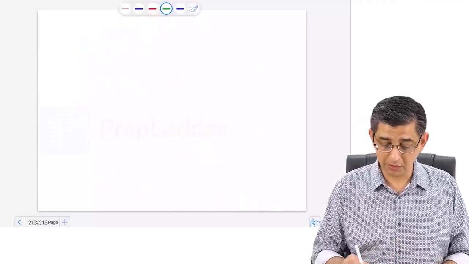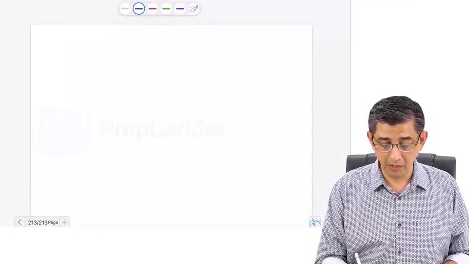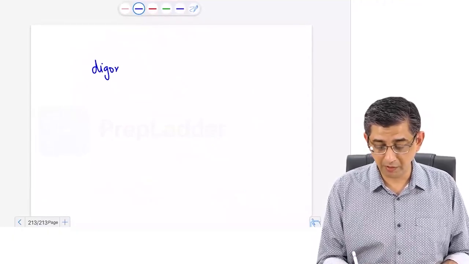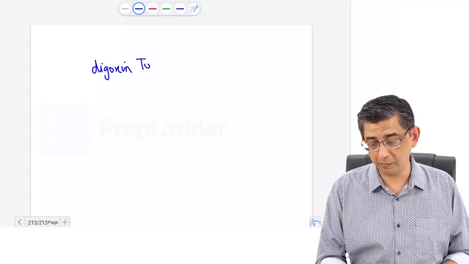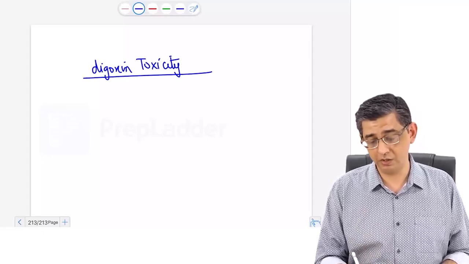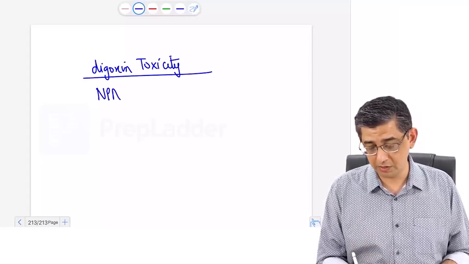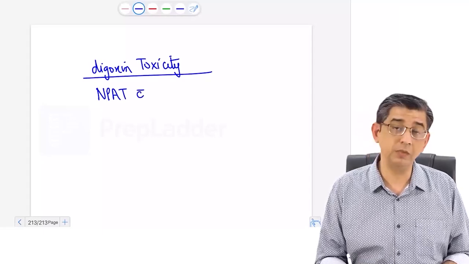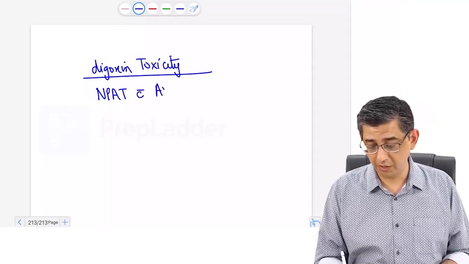And for digoxin toxicity, I would like to refresh your memory, in case you don't remember it from pharmacology or the congestive heart failure topic in the app. Let's just practice this at the moment. Digoxin toxicity. There are two arrhythmias which are always described. One is non-paroxysmal atrial tachycardia with a variable AV block.